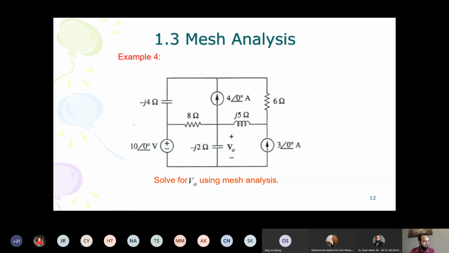Again, do we notice something new in this circuit, guys, that we can make a mistake with? Can anyone? There are two current sources. One is between two meshes. Oh, yes. So we have a problem.